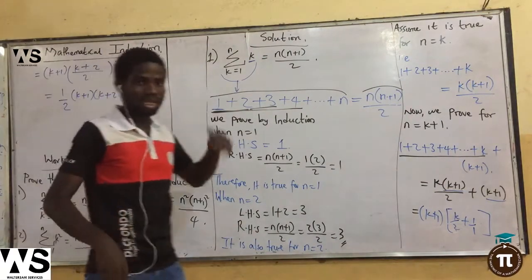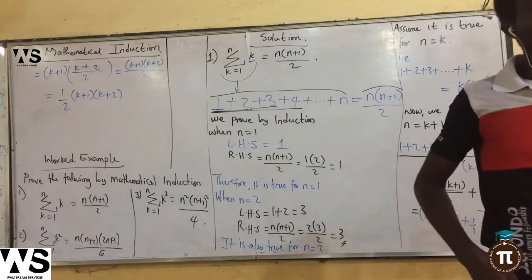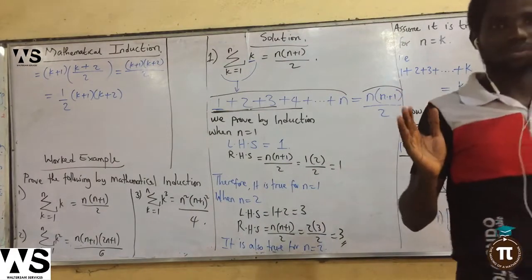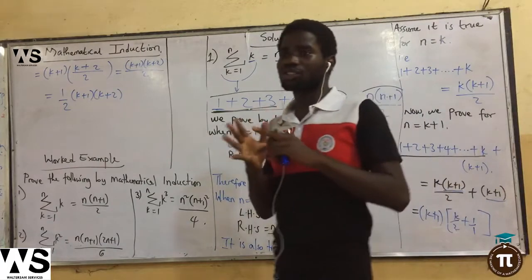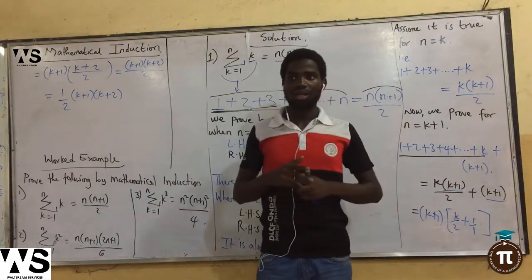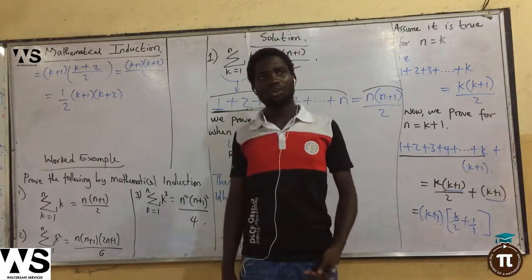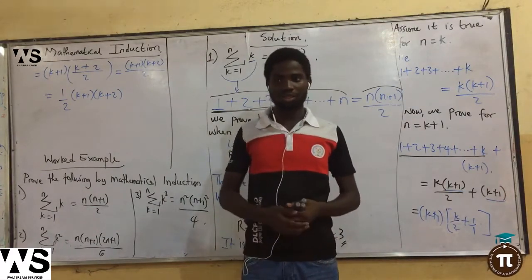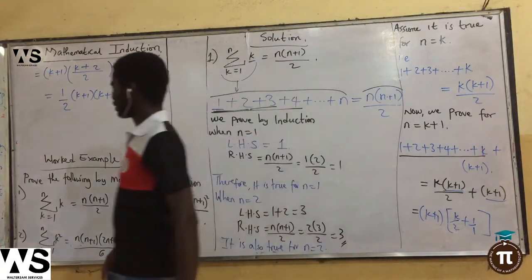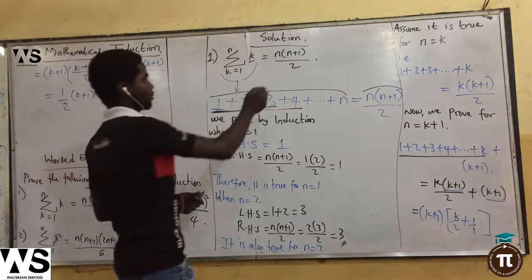Now, how do you know what you have done is correct? It's either what you have done is correct, or you have done rubbish with confidence. How do you know that this is correct? Come to this place.